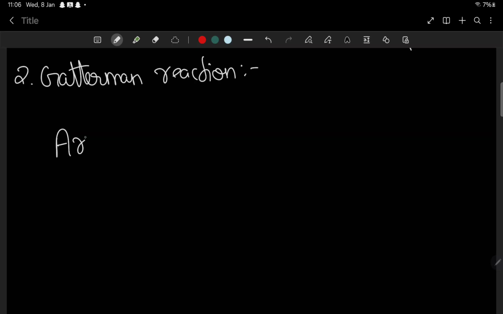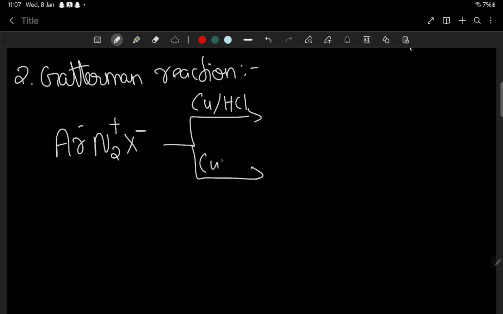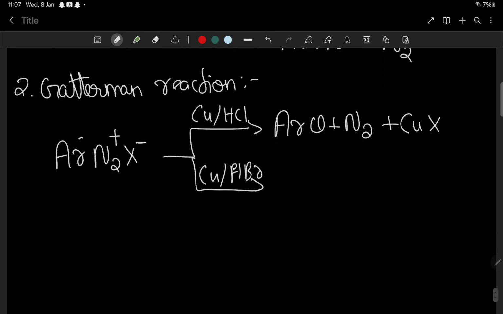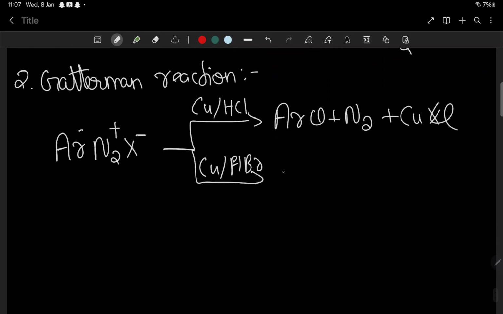Now the second one is Gattermann reaction. Not Gattermann-Koch, just the Gattermann reaction. ArN2+ X−: into this add copper plus HCl, or copper plus HBr. If you need ArCl, add copper plus HCl; you will get these products. And with HBr you get ArBr plus nitrogen.